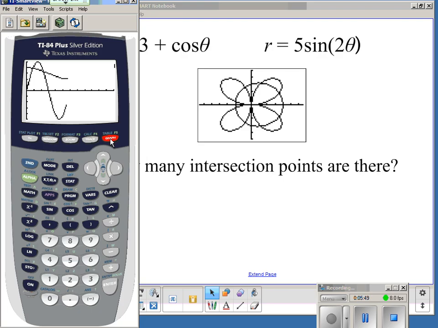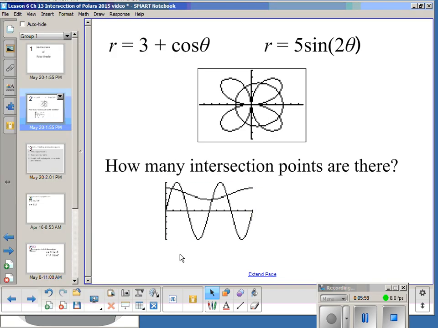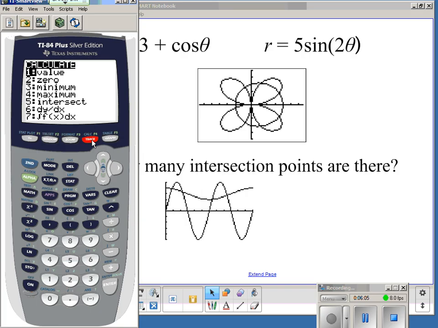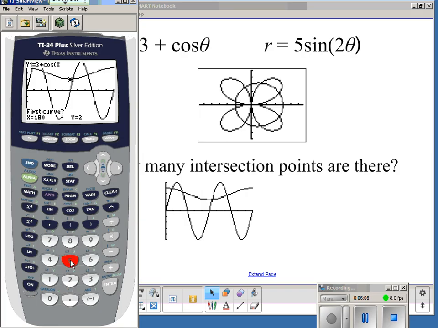And now you can see as we graph this, again, this graph shows our 4, not 8, true intersection points. And to find the intersections, I do my second trace, and I hit intersect. And again, it's going to ask me which curves I want to intersect, and I hit enter, enter. And you can cursor over. I'm a big fan of guessing.